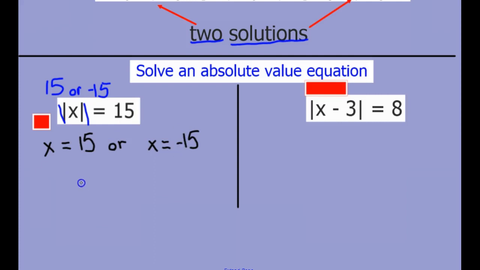How we can write that is x equals plus or minus 15. This symbol here means our answer could either be positive, with our positive right here, or negative. How we say that symbol is plus or minus. So x could equal plus or minus 15.